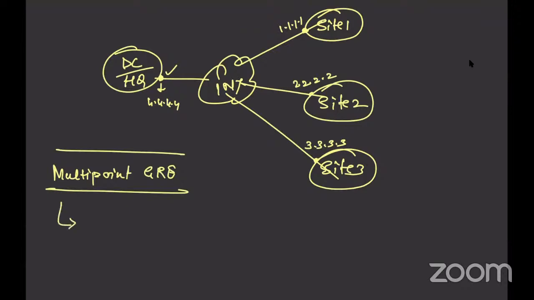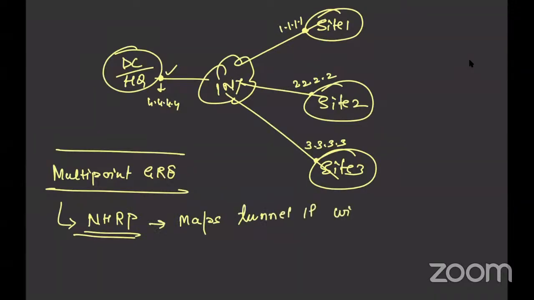There is a protocol known as NHRP, Next Hop Resolution Protocol, which is going to map your tunnel IP with the public IP.